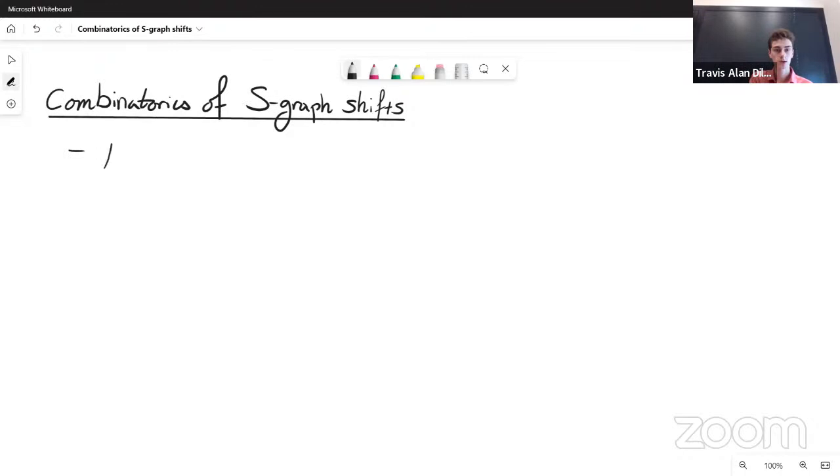So we're always going to have a finite set that's usually denoted by script A. This is what's called the alphabet.